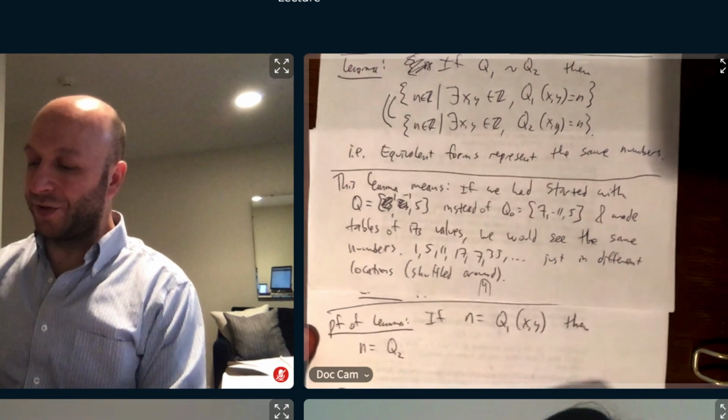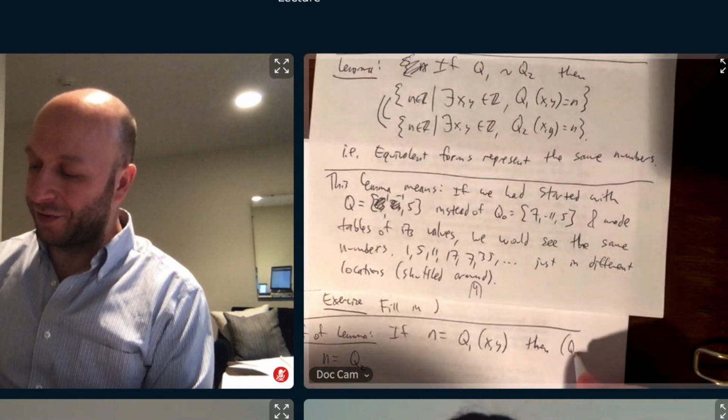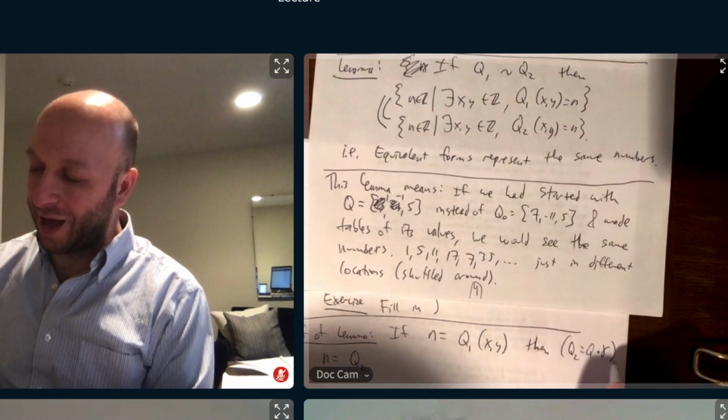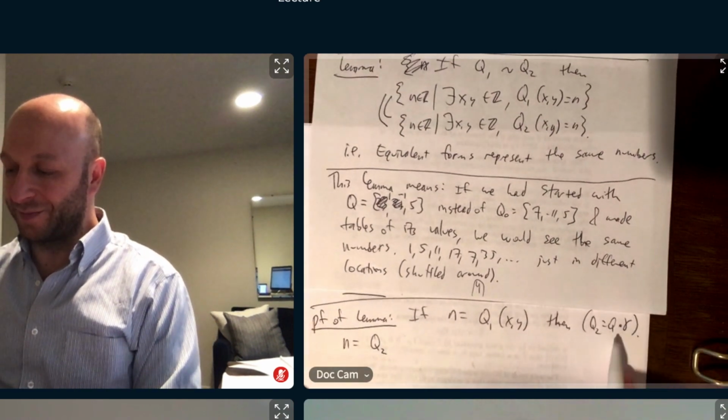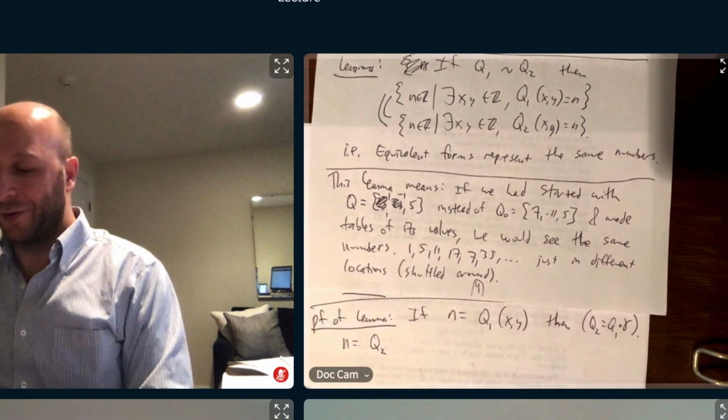So let's say Q2 is Q1 composed with gamma. We know they're equivalent, so there's some matrix gamma so that this is true.